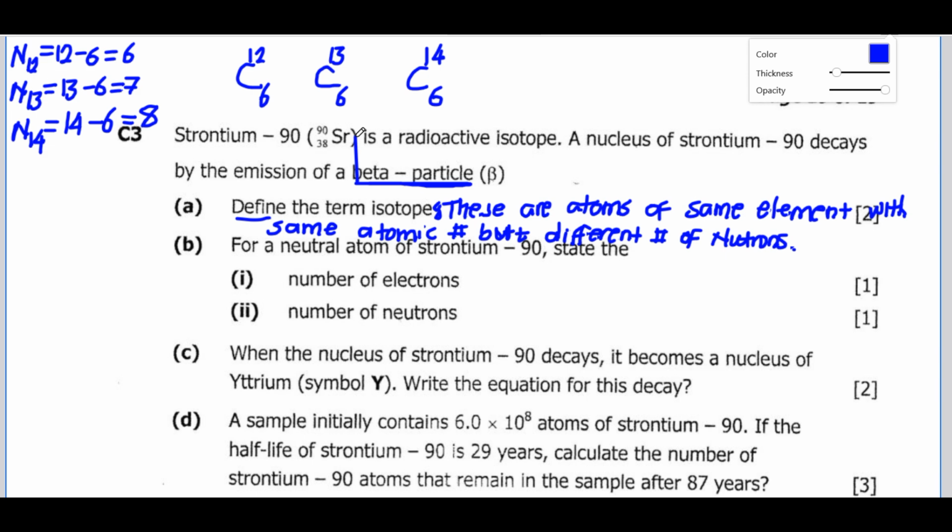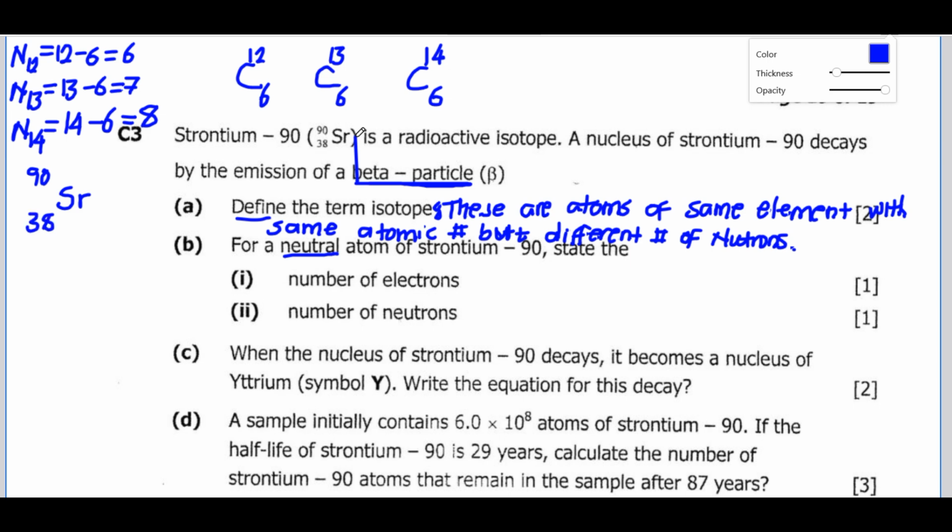Now we move on to question B. For a neutral atom of strontium-90, state the number of electrons, and then the number of neutrons. It's simple. Whenever the word neutral is mentioned, it simply means that the number of protons equals the number of electrons. So I'm going to write the chemical symbol for strontium, Sr, with the mass number of 90 and the atomic number of 38.